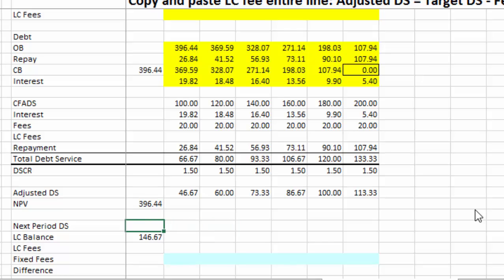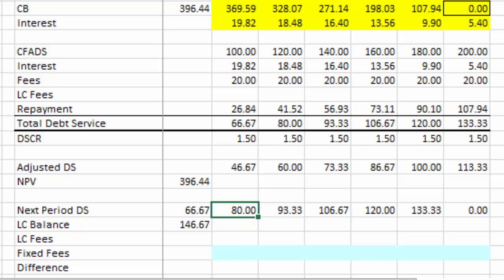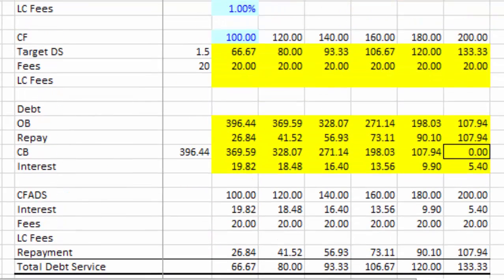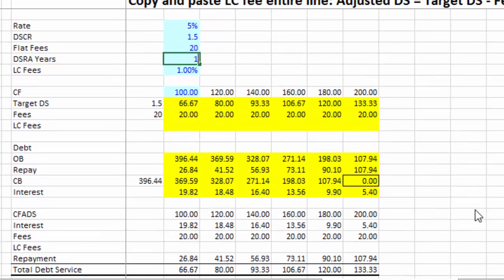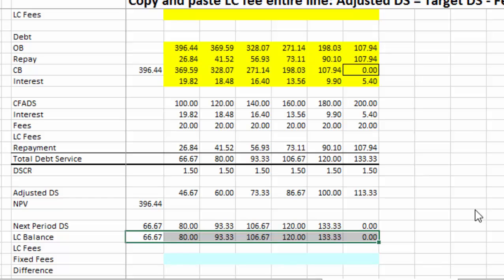Now to get the LC in, you go to the next period debt service like this. And if the rule is that you have to have a letter of credit like a DSRA account that's a function of the debt service, that's where it's a problem. Now, what did I do here? I think I put 2 forward years. I'm going to make it much simpler and just put 1, meaning that the required balance is just the next period fees.